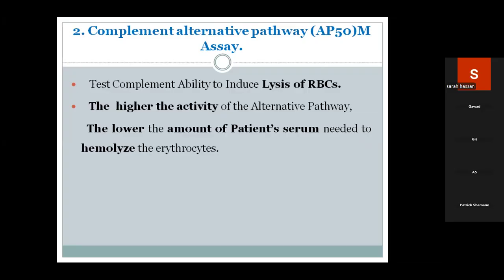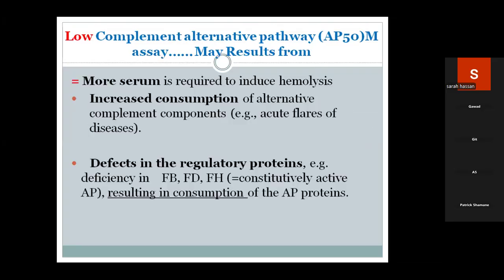And again, if it is consumed due to a flare of immune complex mediated disease, more serum will be needed, and this affects the regulatory proteins. Factor H could mean consumption of these common complement pathway components and leads to defects in the regulatory protein.